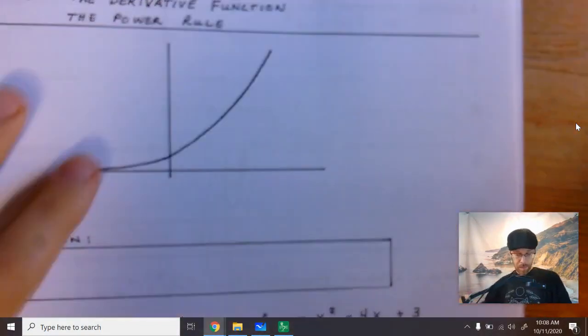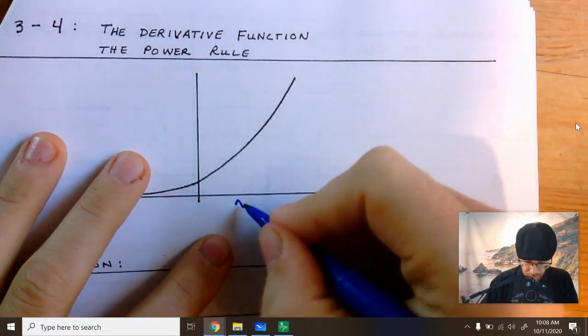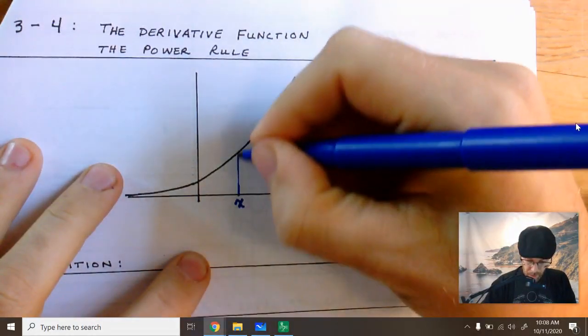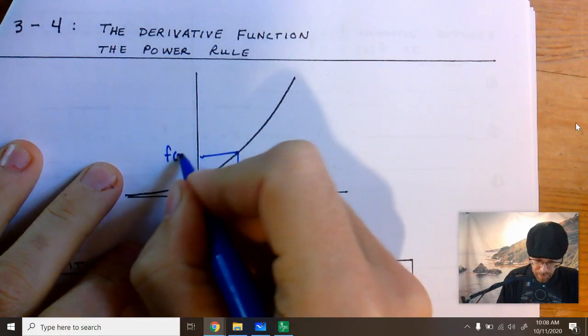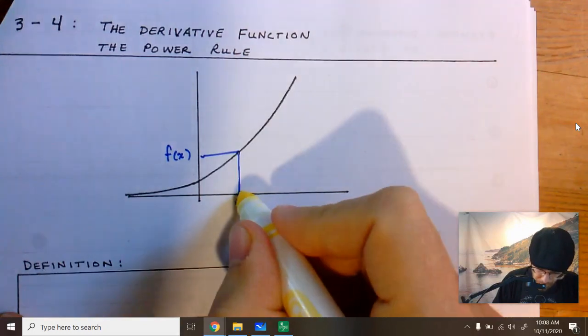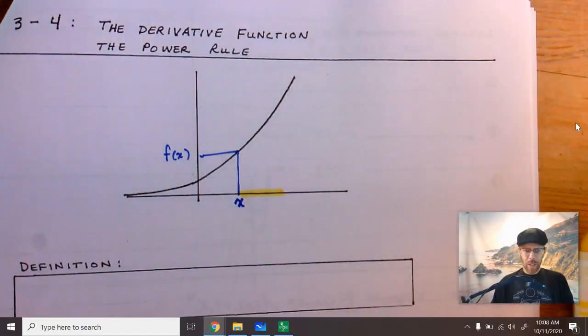It goes like this. Now I want you to write this down. Suppose instead of defining a constant like c, we define this as x, which would make the y value f of x. And then suppose that we take the x value and we change it by a little bit. How much do we want to change it by?